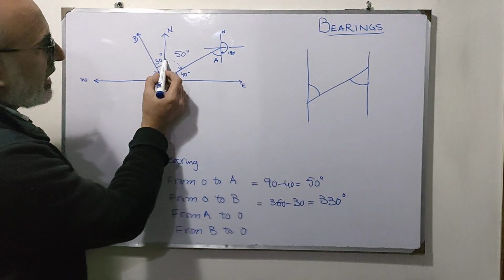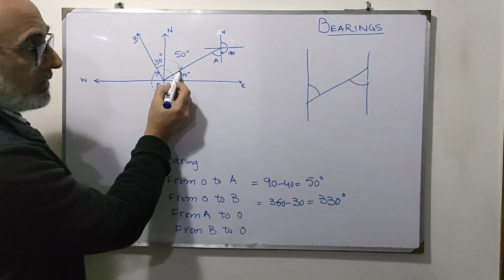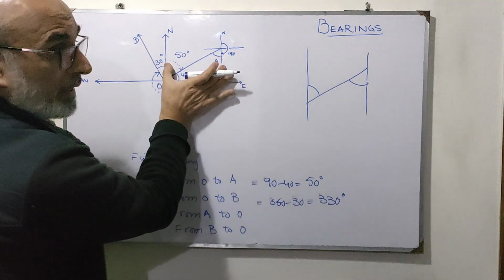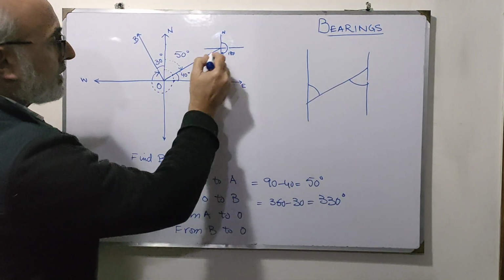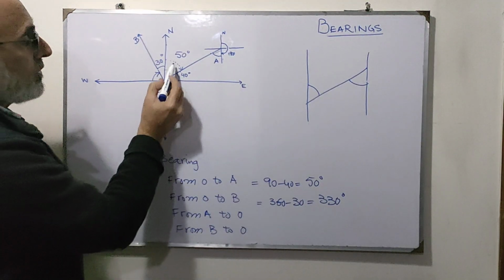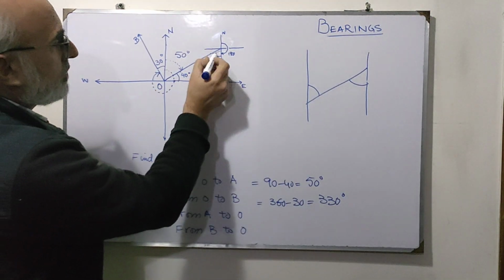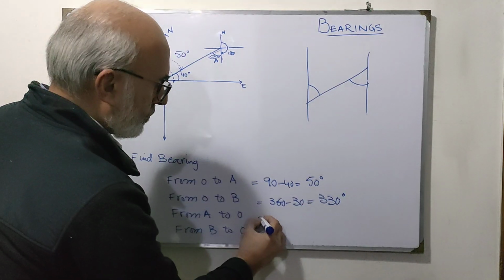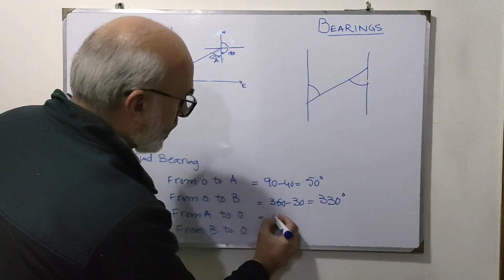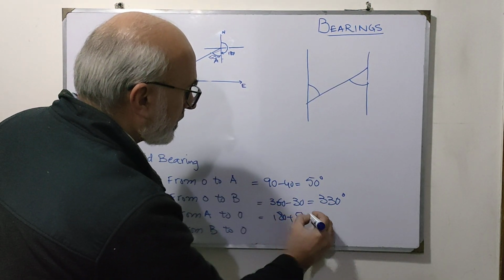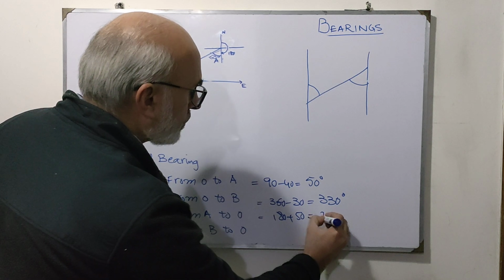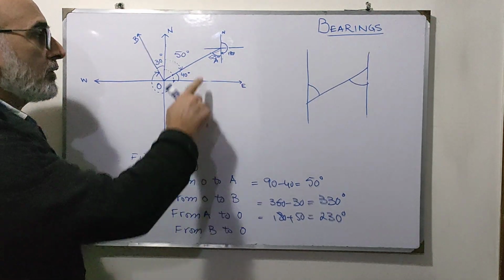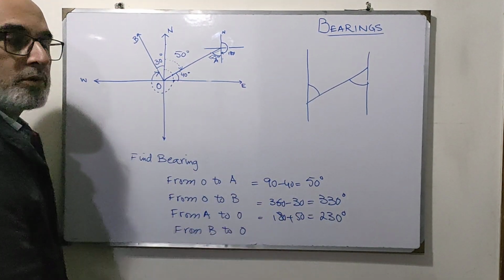So if we have this angle over here, 50 degrees, and these two lines are parallel, with this a transversal between them, then if this is 50, this will also be 50. Now this will be 180 plus 50, which is 230 degrees. So we have the bearing from A to O: 230 degrees.